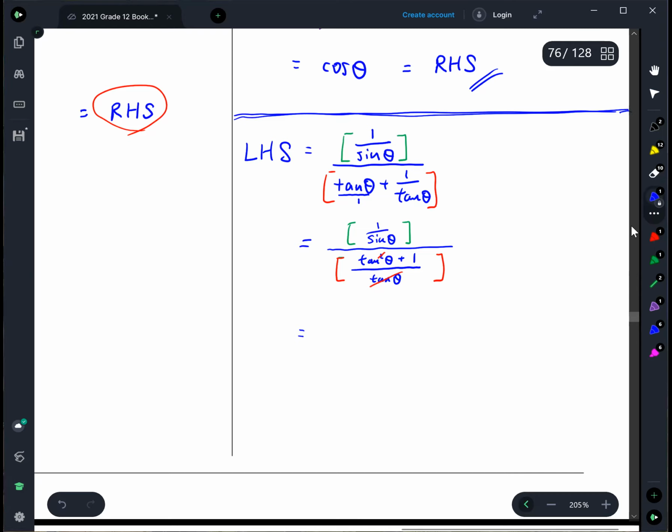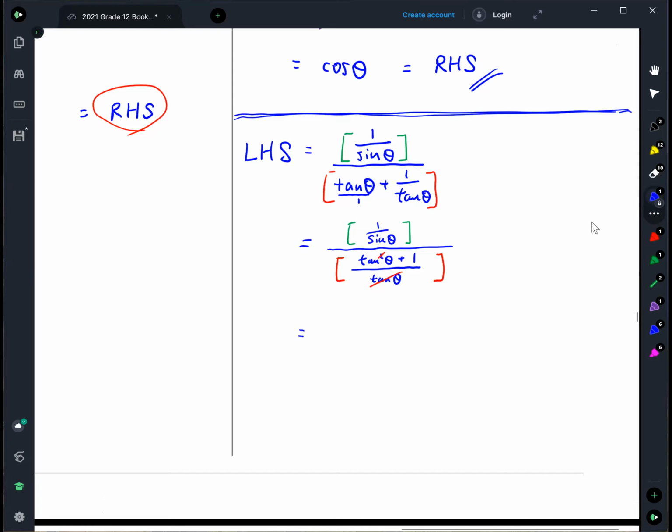No. Why not? Because there's a 1, and if you want to do it, you have to factor the tangent theta out first. Okay, yes. So the answer is you can't, okay? Usually, if you are not sure whether we can or cannot, make up number examples. So like Angela said, we cannot do that because there's a +1.